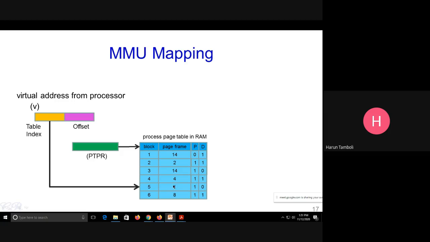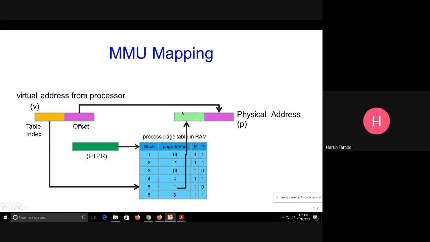By accessing this, it combines the page frame with the page offset, and now this combined address is called the physical address. This physical address is pointing to the main memory location.